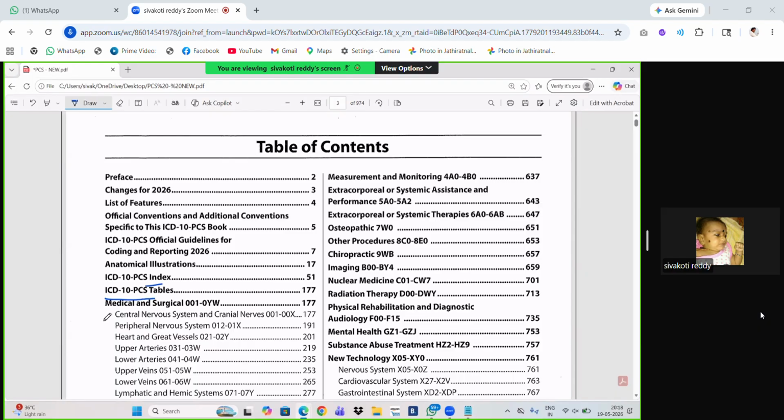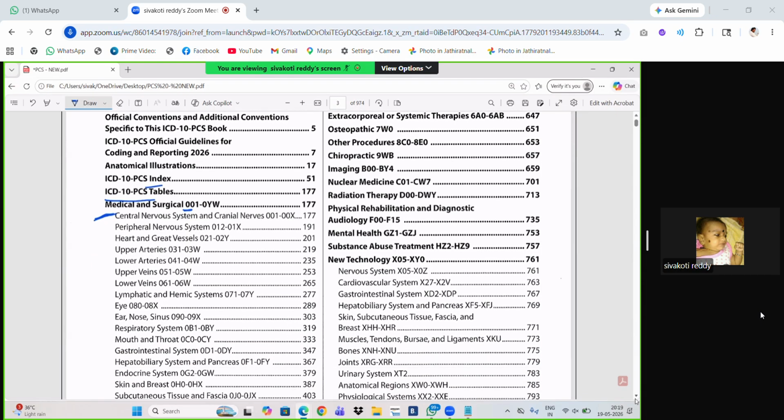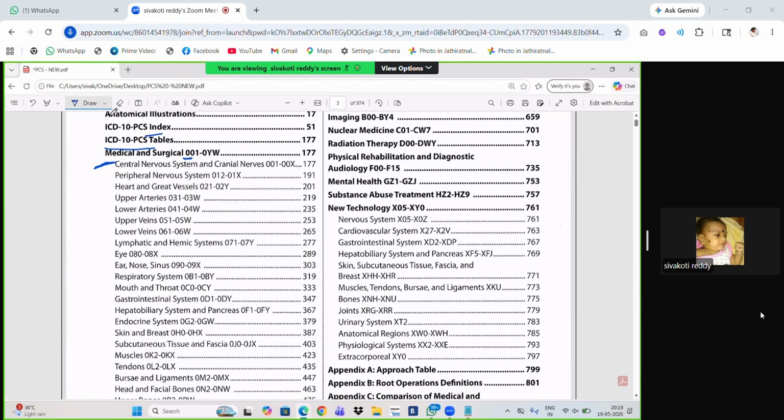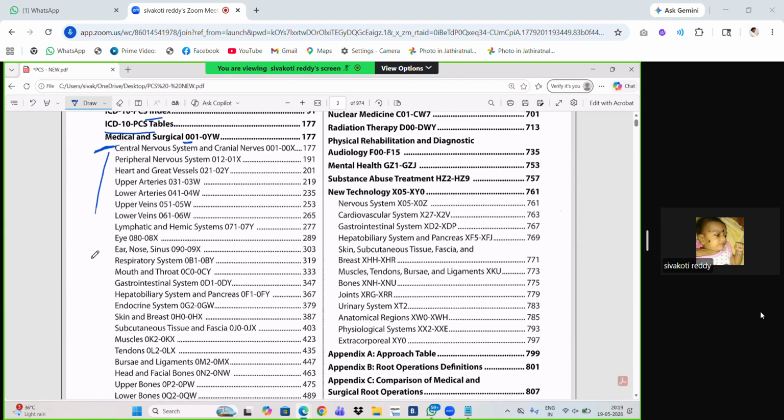Below the PCS tables, first you have medical and surgical. This is section 0, the first character 0. Below medical and surgical, we have a total of 31 body systems. These are the body systems in the second character.